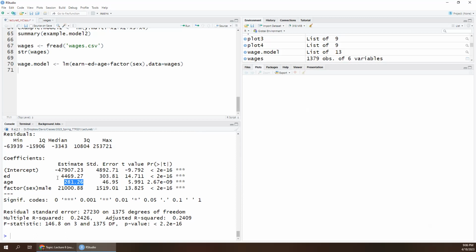So this is our beta, and the change in the outcome: you change x going up by 1, y increases by 280. And we can use a similar interpretation for education. For every additional year of education someone receives, on average, their income increases by $4,469. And we will note that these are all statistically significant.